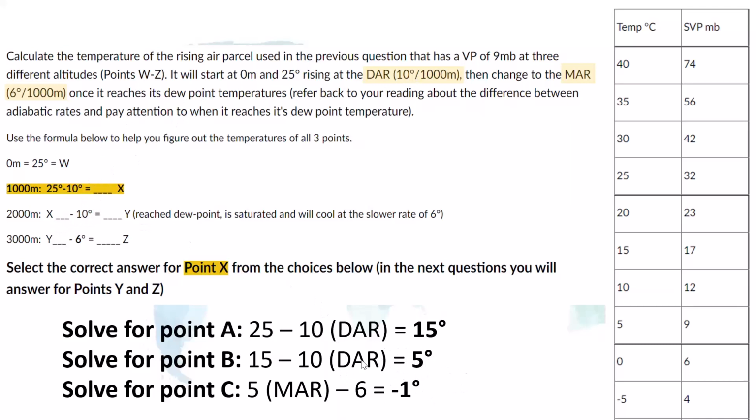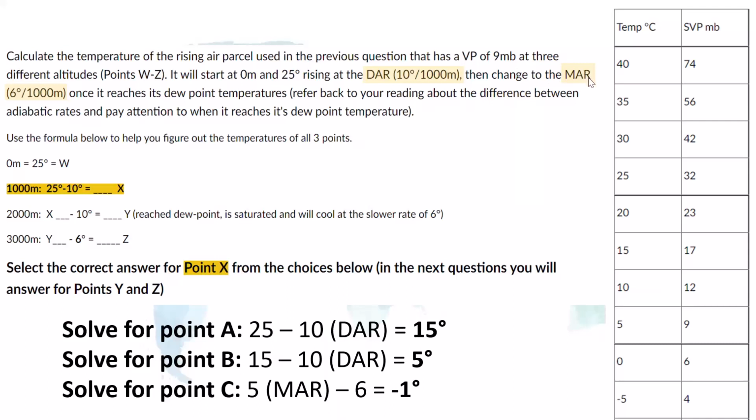And this should be the big red flag because we know that the vapor pressure for our air parcel is 9 millibars, and we can see that a parcel at 9 millibars, once it reaches 5 degrees Celsius, is going to reach its saturation vapor point, its dew point, meaning that clouds will form. And that means that we are now at a different rate of cooling.